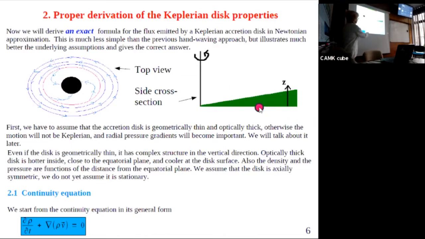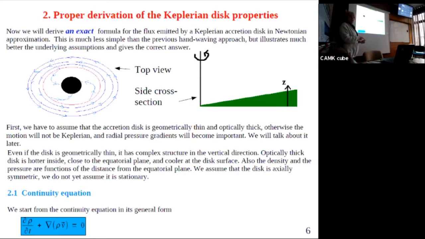Here I used a kind of triangular approximation, but what is important is that the disk thickness is much smaller than the radial distance. In detail, we will discuss those underlying assumptions during the next lecture. And we will assume that this disk is optically thick.